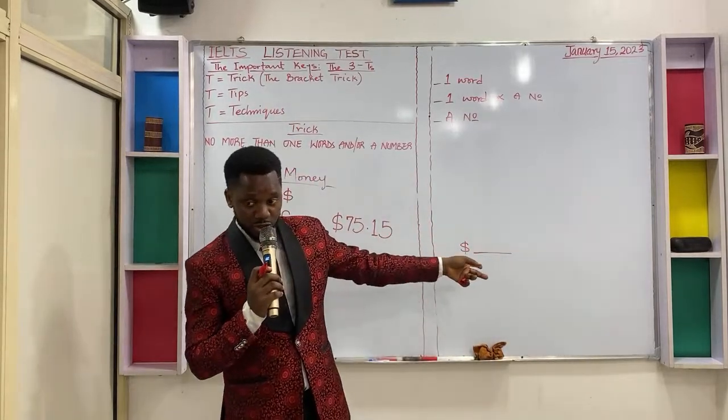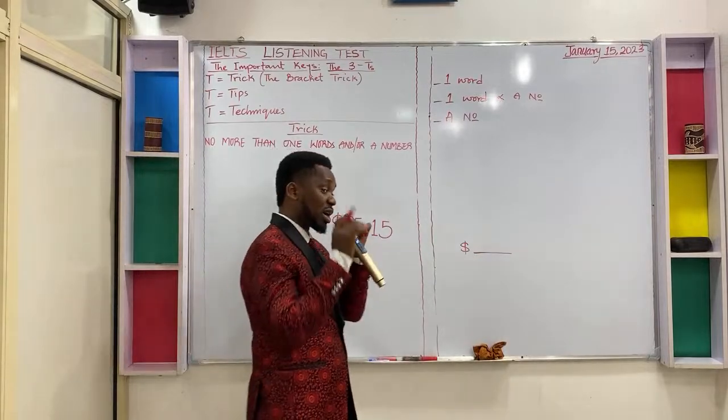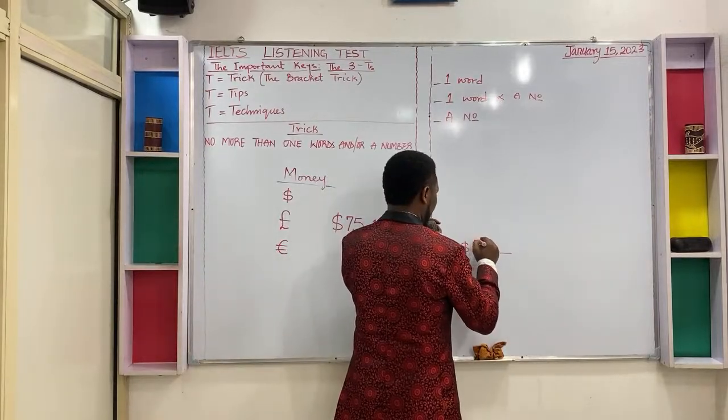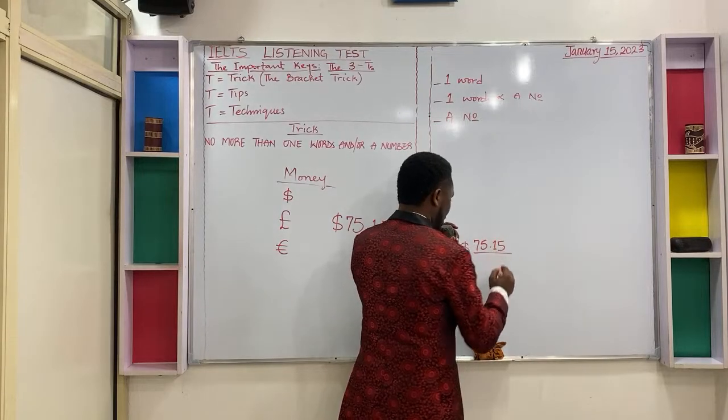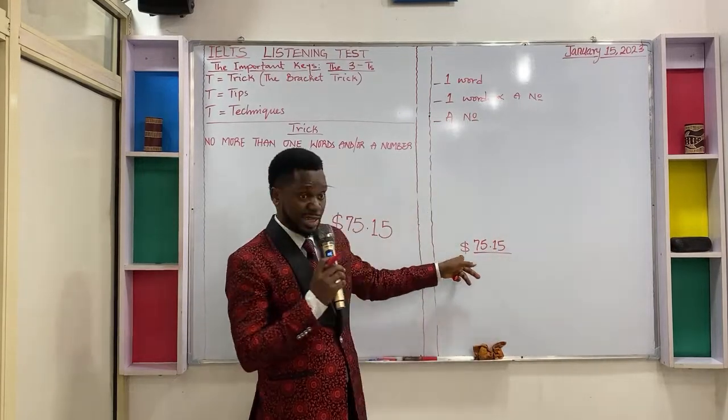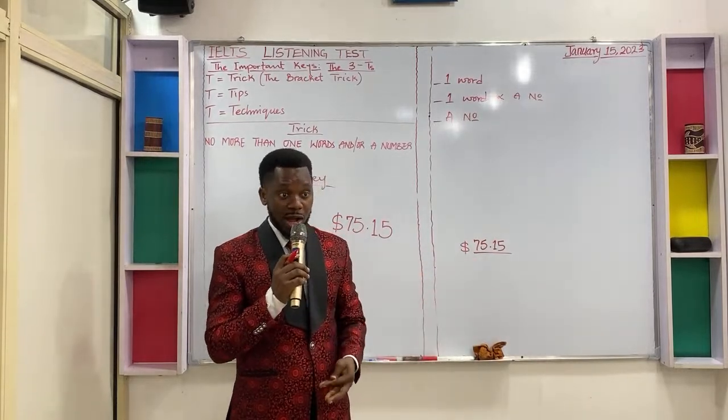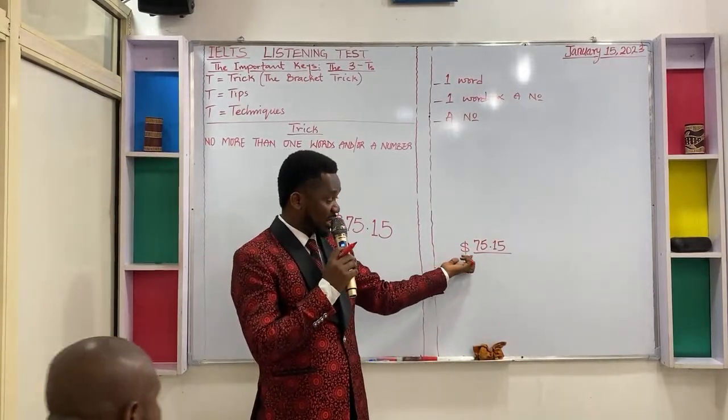If you have this on your question, all you need to write on your answer sheet will just be 75.15 only. You don't need to bring in the symbol again, because on your answer paper there won't be this symbol.